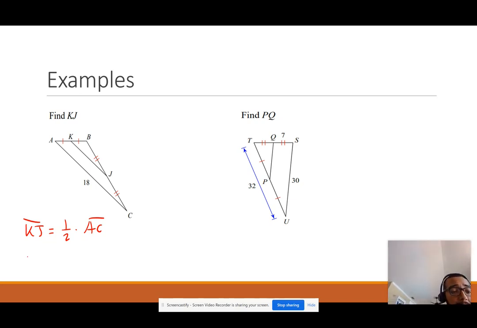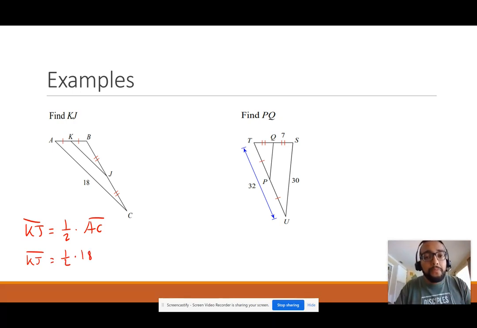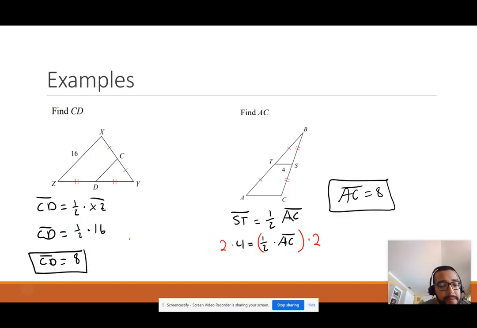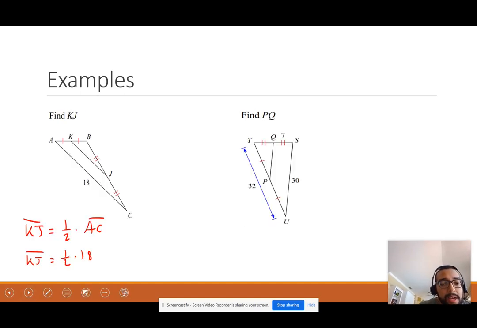I don't know KJ, but I do know that AC is 18. So to find the value of length KJ, I'm going to do 1/2 times 18, which is just 9. So KJ equals 9.